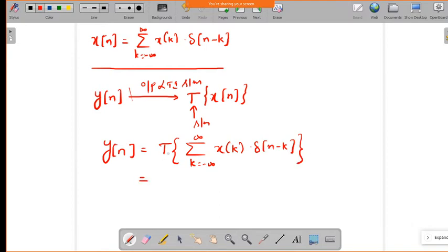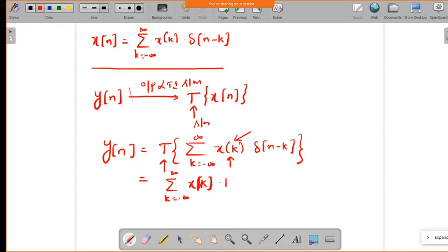Now we know that the system is time invariant as well as has the linearity property, that is what an LTI system is. Now if I apply the linearity property, this x of k won't change because it is the input signal which we are giving. So x of k won't change because of the linearity property, since it is an input signal.